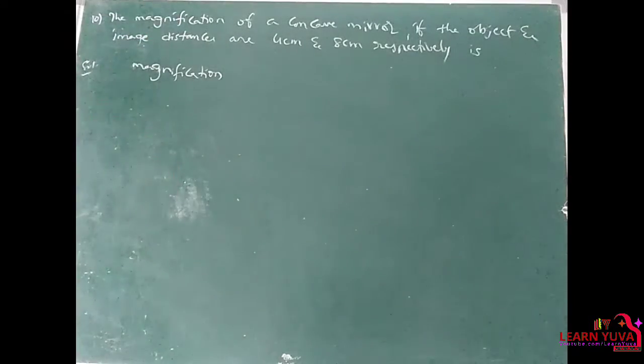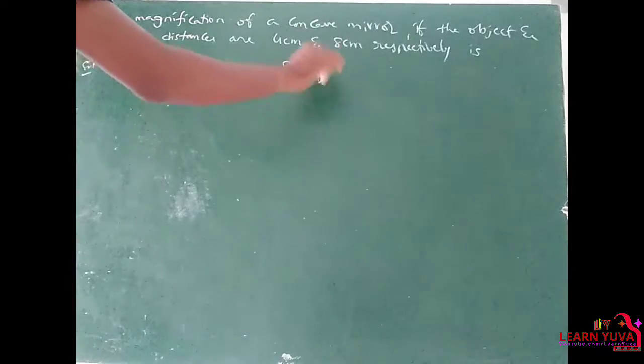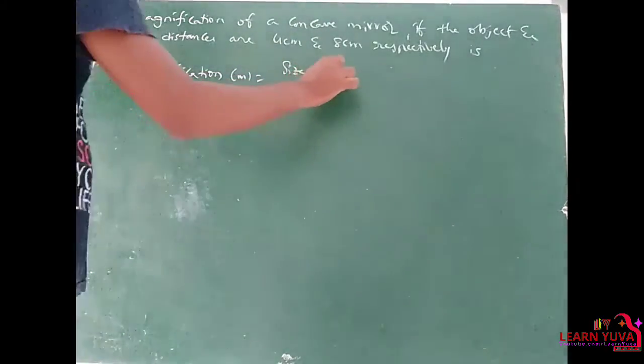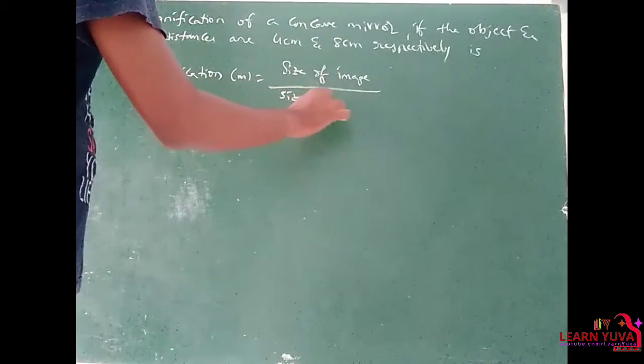The magnification of a concave mirror, if the object and image distances are 4 centimeters and 8 centimeters respectively, is... So we have to find out that magnification m is equal to size of image by size of object.